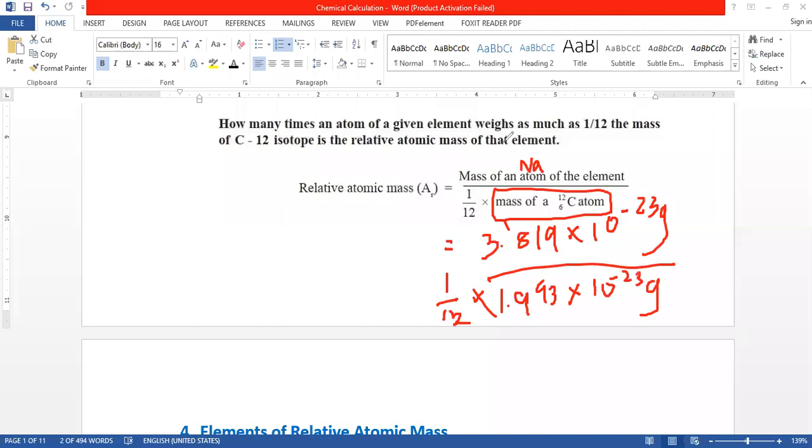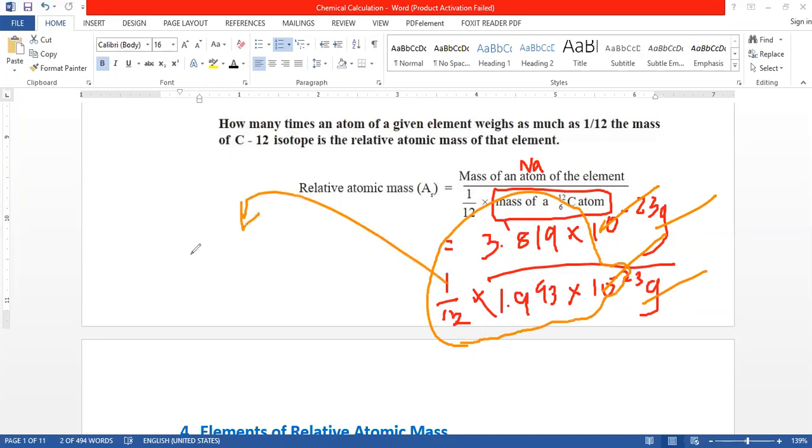Look, I am going to cut this gram and gram. I can cut this one. And if I divide and multiply this one, the answer would be approximately 23. That is why the relative atomic mass of sodium, we write, sodium is equal to 23.